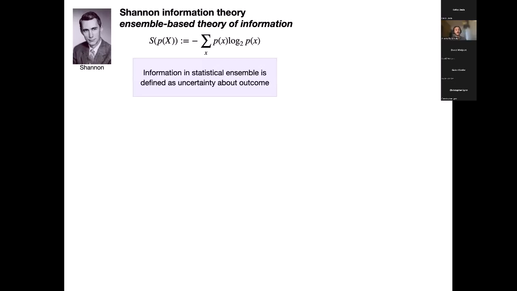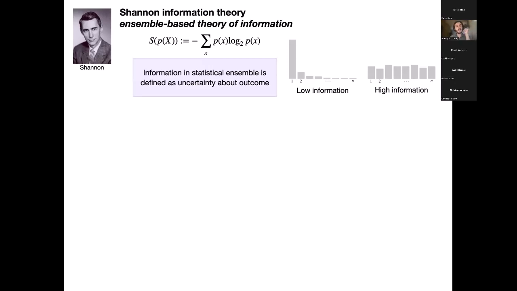It's also the core quantity in non-equilibrium thermodynamics. And the information in a statistical ensemble is defined as the uncertainty about the outcome. So if we have a very peaked ensemble, then we kind of know the outcome is going to be 1. If we have a very uniform looking ensemble, then we have high uncertainty, high information, high entropy.